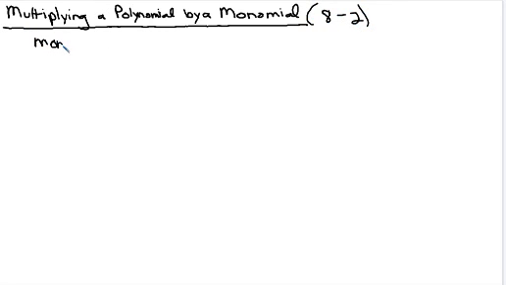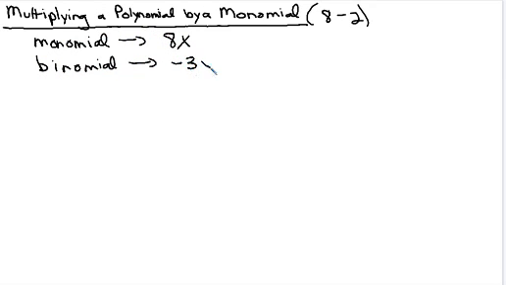A monomial is just a single algebra term like 8x. A binomial is two algebra terms combined by either addition or subtraction, like negative 3x squared plus 5x.